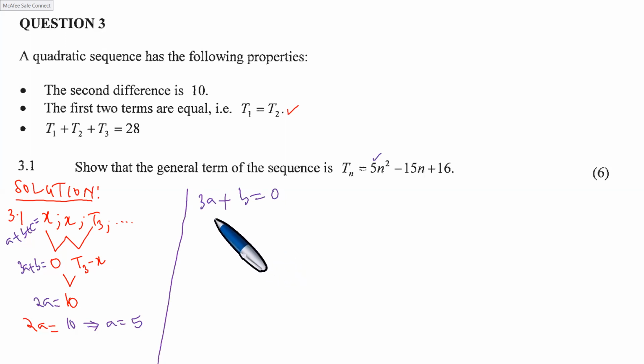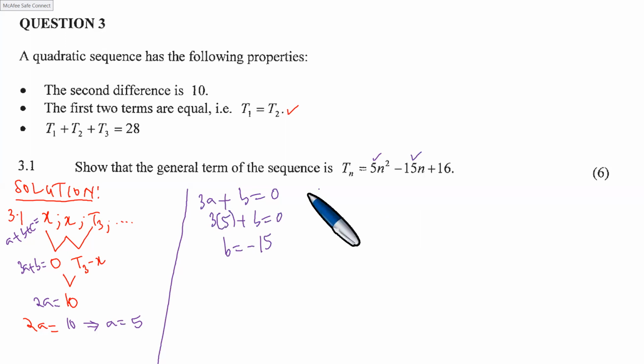But a is already equal to 5, so it is 3 times 5 plus b equals 0. From this, we are able to see that b equals minus 15, which is this one.